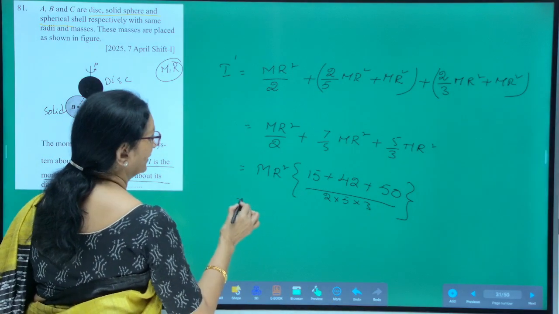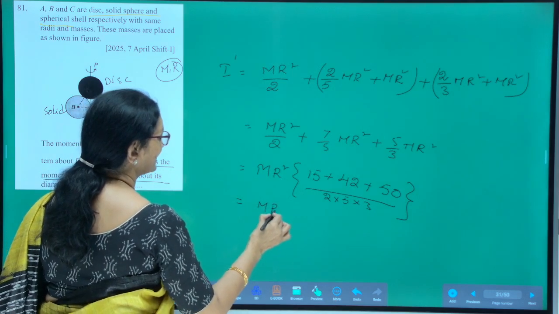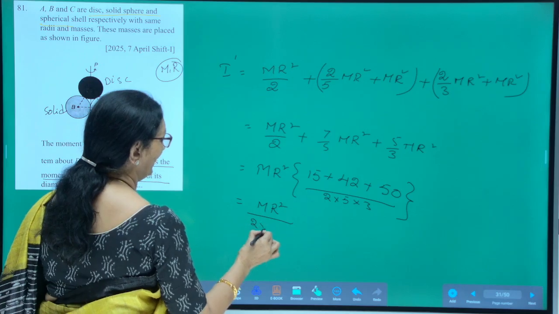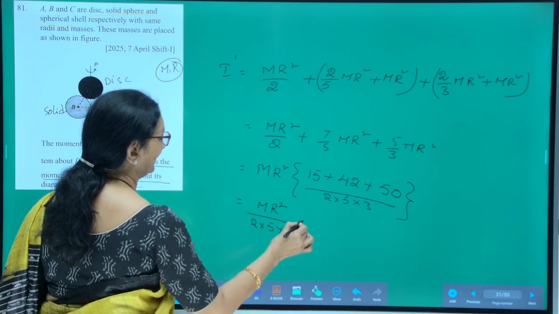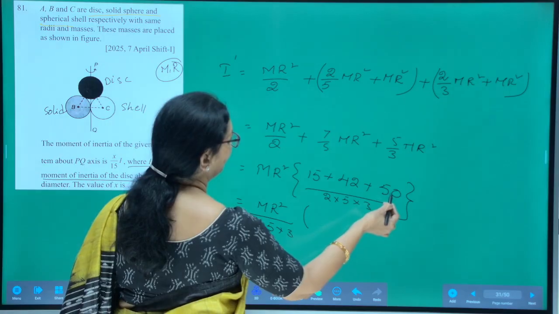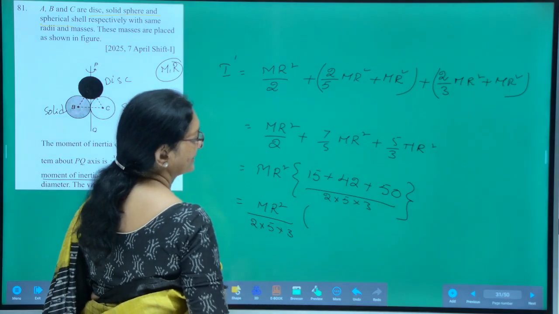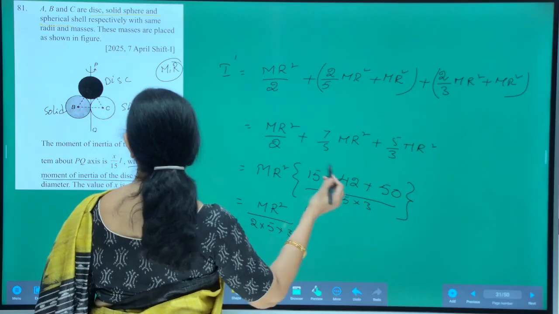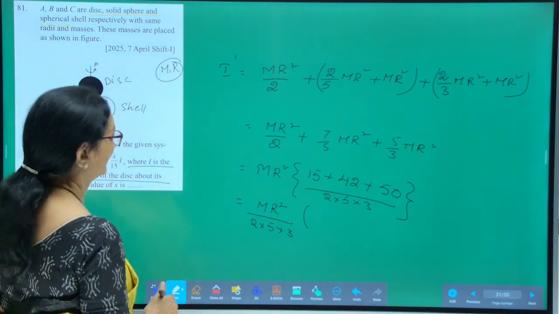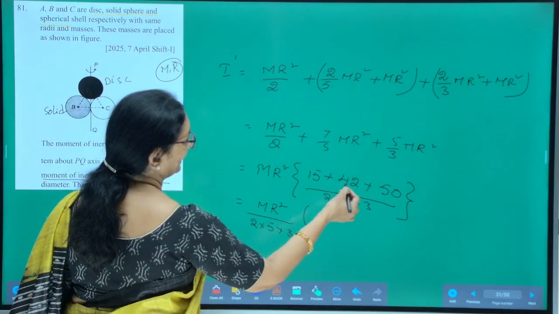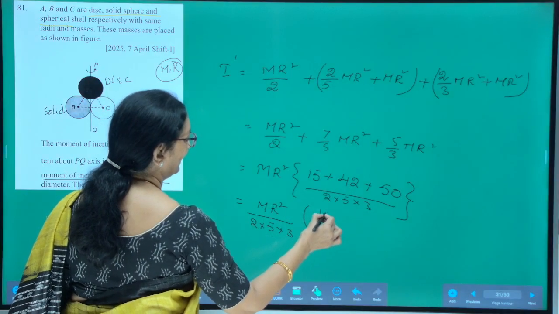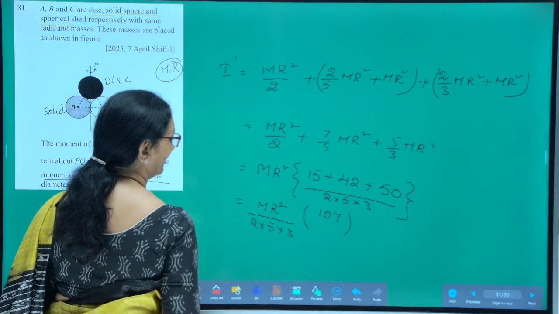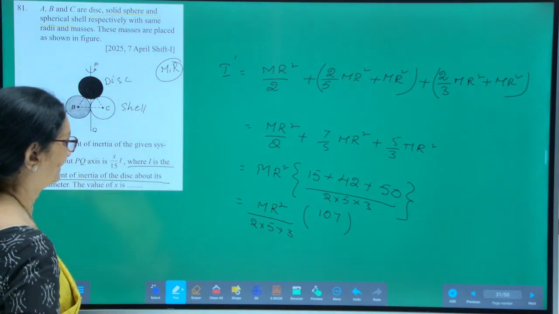So, this is mr square by 2 into 5 into 3 into 50 plus 15, 65, plus 42, 107.